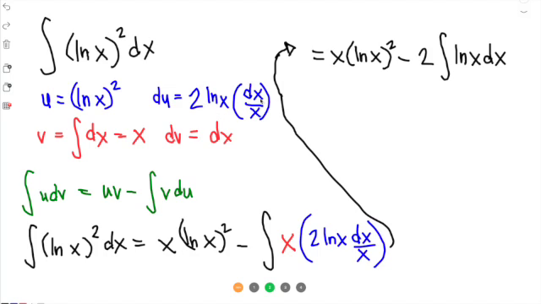That's 2 ln x times, that's basically the power formula with the du here, which is dx over x. So first of all, you need to know how to differentiate.